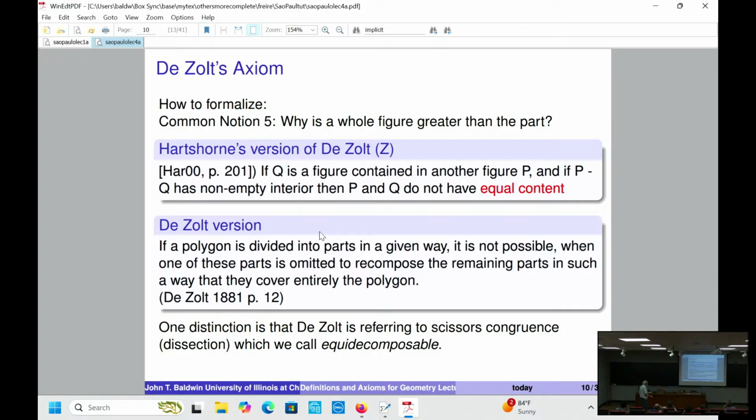And Hartshorne's version: if a figure Q is contained in another figure P, and if the difference has non-empty interior, then P and Q do not have equal content. And it's the not equal, it's the not of this that's the essential issue, as I'll describe in a minute.